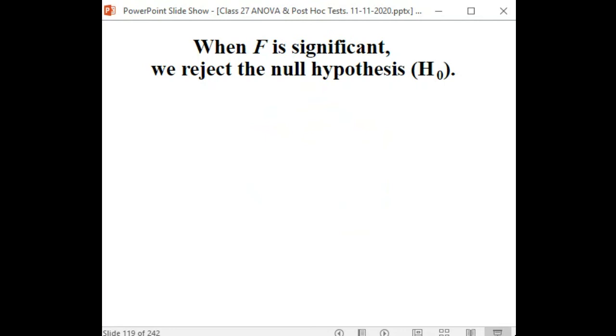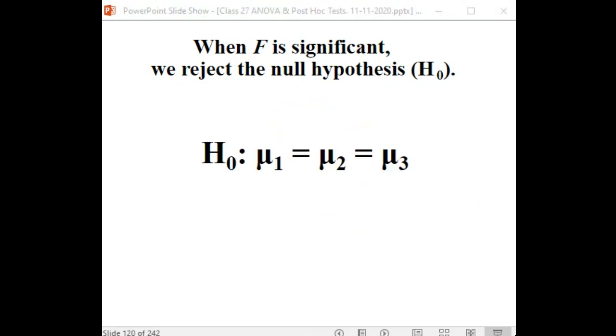Now let's compare that with what we do when F is significant. What we do when F is significant is a lot like what we do when T is significant. When we perform an ANOVA and F is significant, we reject the null hypothesis. Now for ANOVA, the null hypothesis is that the population means of all the groups are equal to each other.